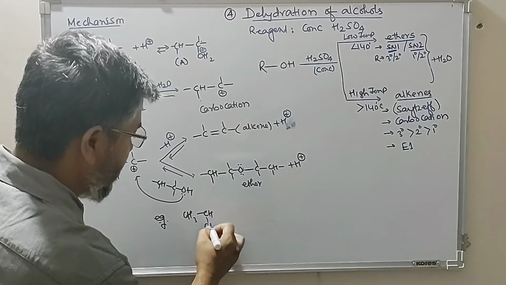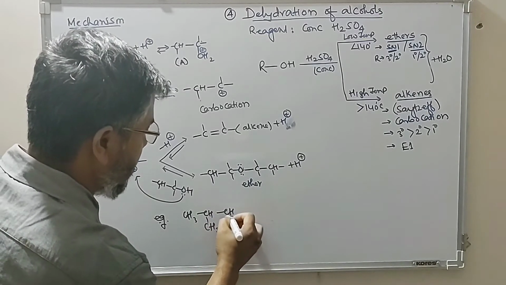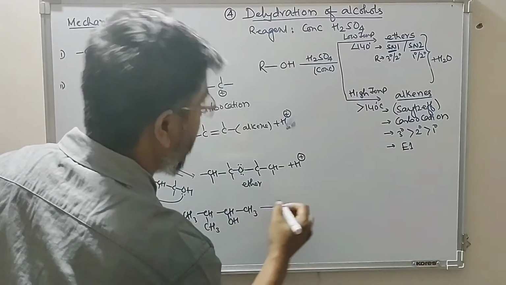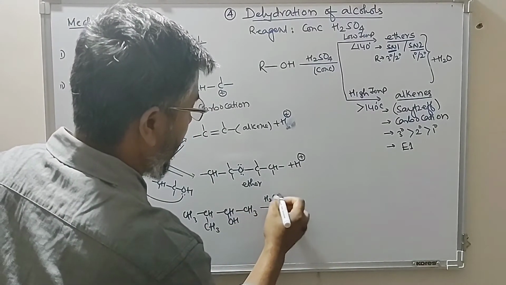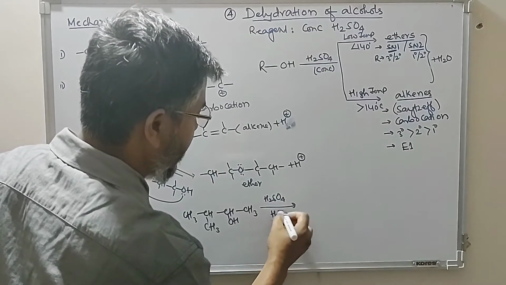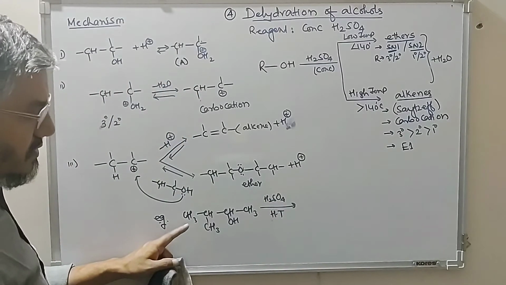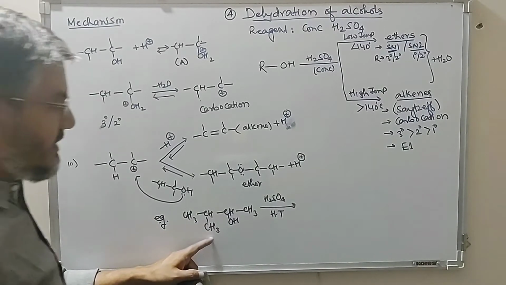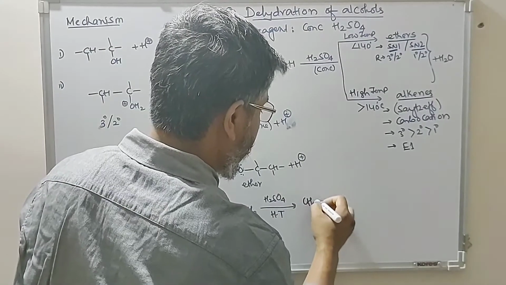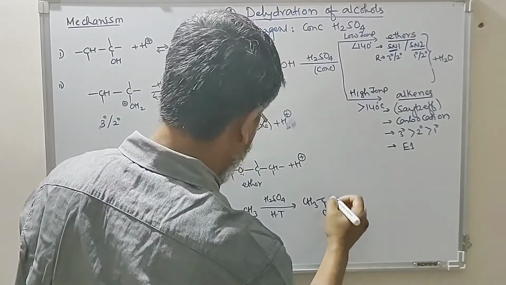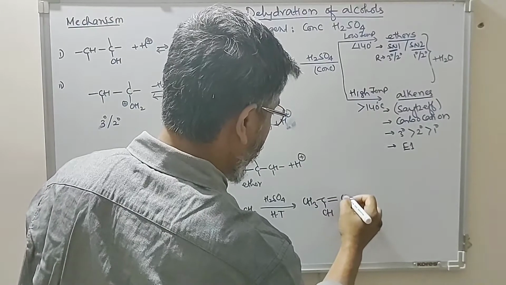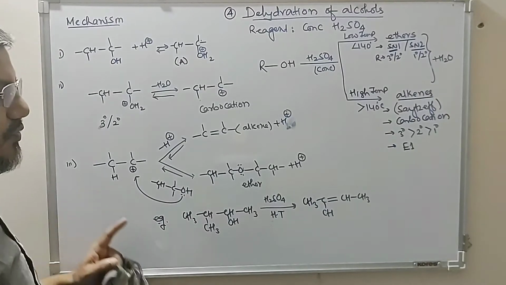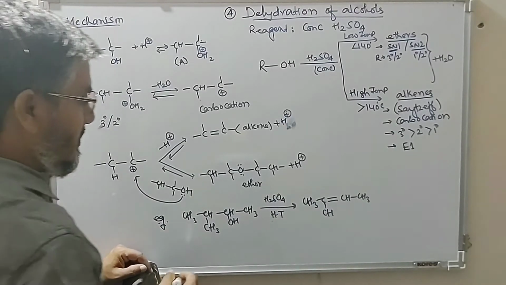CH3, CH3, CHOH, CH3 reacts with concentrated sulfuric acid at high temperature, dehydration, carbocation. Because of formation of carbocation, rearrangement takes place, and the major product is CH3, CH double bond CH3. That is the major product that is formed.